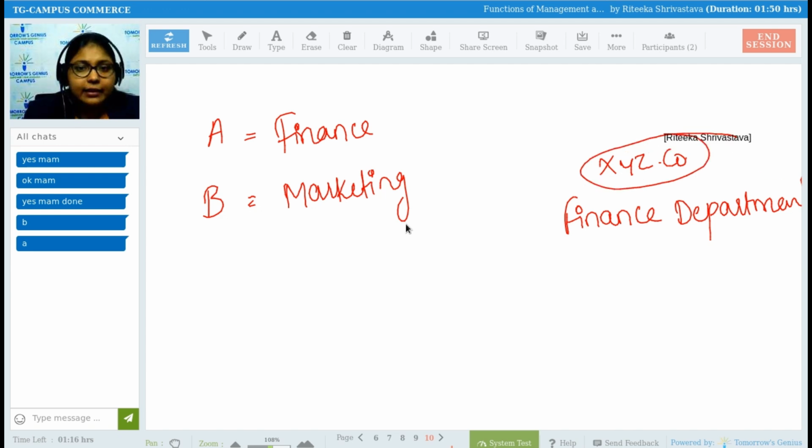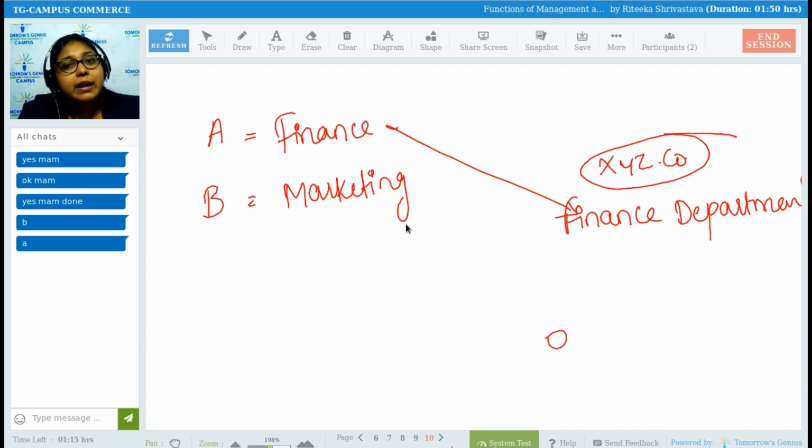XYZ should hire A. Of course, because he is the right person, the most suitable person for that particular job. But what if they hire B? B will not be able to justify his job or do his job because he is good in marketing. He is zero in finance. He does not know anything about finance, calculation and everything.